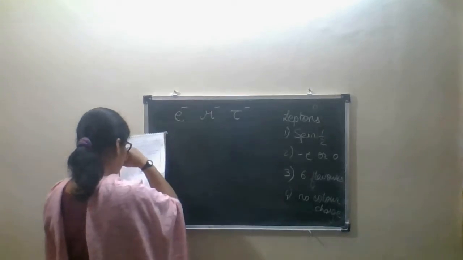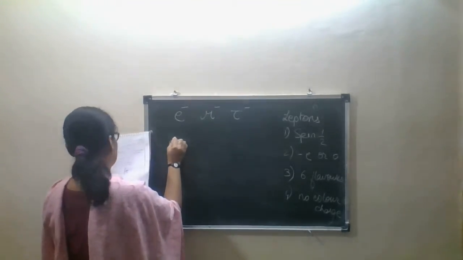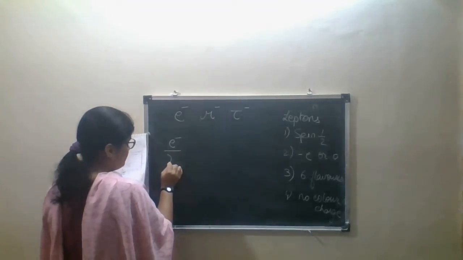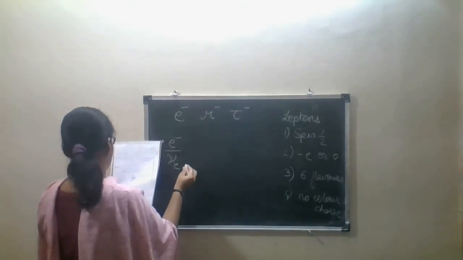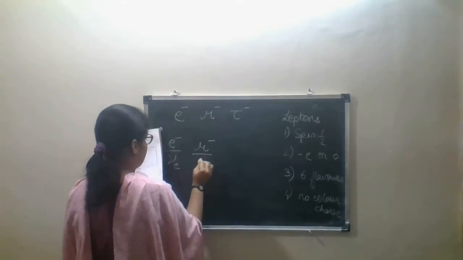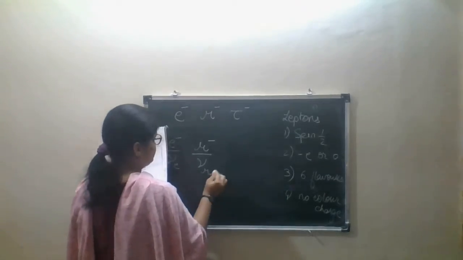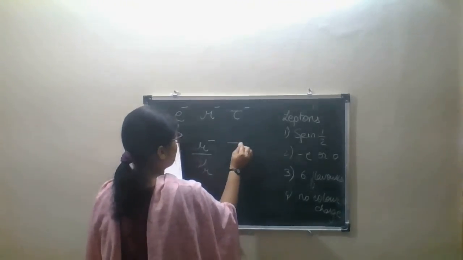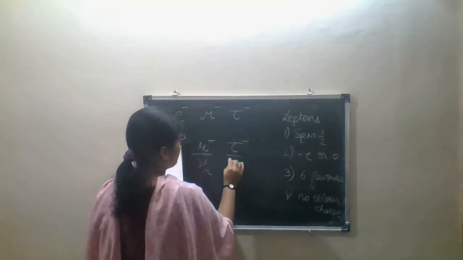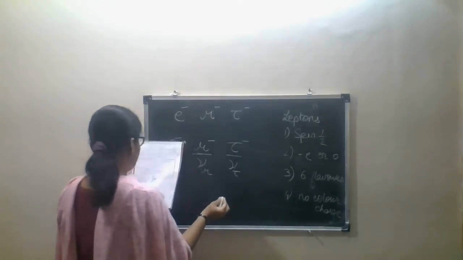These are the particles. Their neutrinos are nu suffix e, nu suffix mu and nu suffix tau.